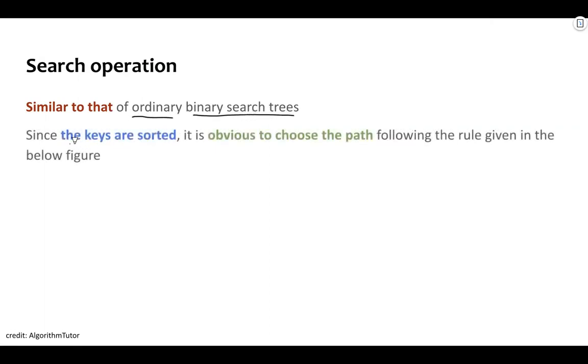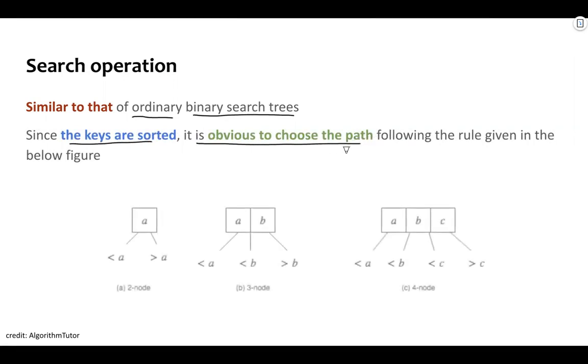First of all, let's think about the search operation. And this search operation is quite similar to that of ordinary binary search trees. Since the keys are sorted, it is obvious to choose the path following the rule given in the below figure. So when we want to find the value, let's say A is 15.